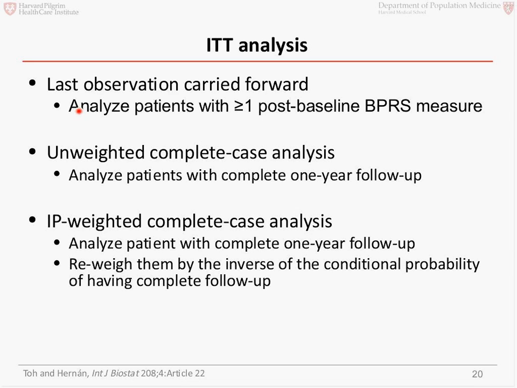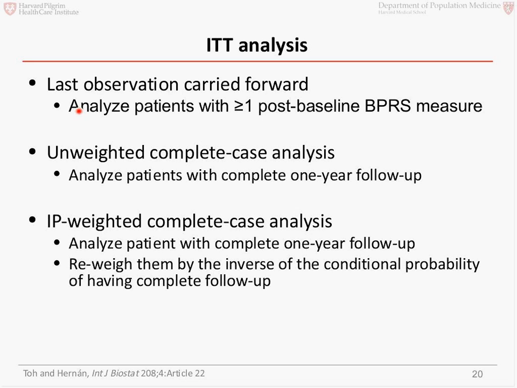Because it would just carry forward the last measured BPRS score. So let's say that you only have the measure taken in month 2, the analysis is going to assume that that measure would be your month 12 measure as well. This is a huge assumption, but it would include more patients.